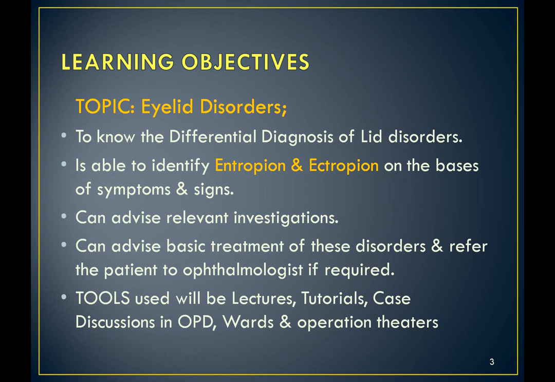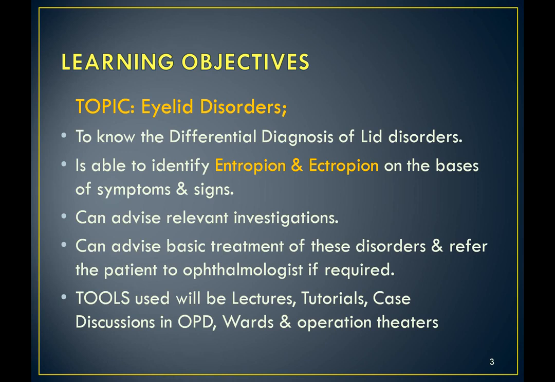Now, before going to the detail of discussion, we should know the learning objectives of today. Basically, we have to be able to differentiate between irregular lid disorders like Entropion and Ectropion.